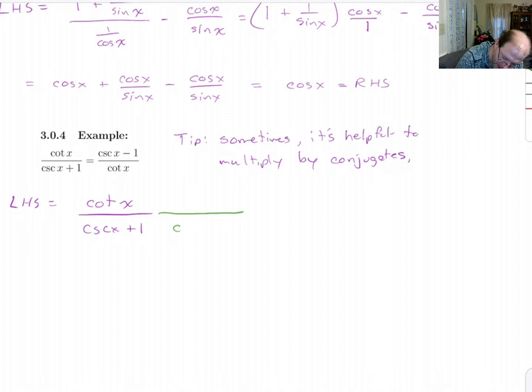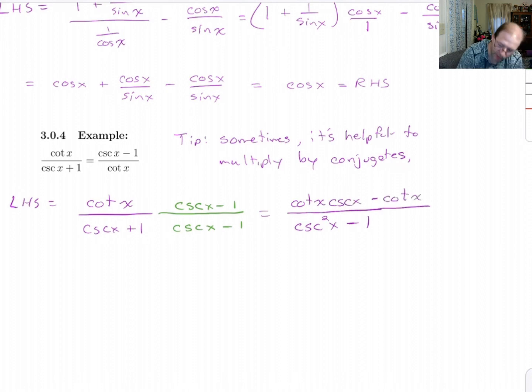But the one I'm going to multiply it by, on the bottom I'm going to use cosecant x minus 1, then cosecant x minus 1 here. That way I'm multiplying by 1. And I get this just from taking that and changing the sign. Now the reason to do this is on bottom what it gives you is cosecant squared x minus 1. And up top it gives you cotangent x cosecant x minus cotan x.